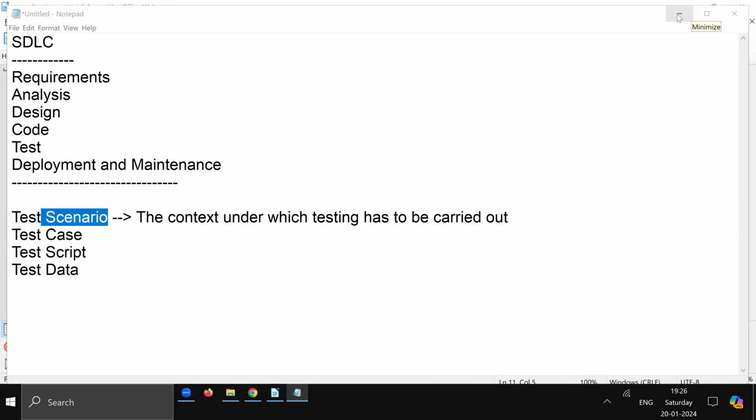So what is meant by test case then? A test case tells us what is to be tested. So if your team lead asks you to identify test cases, then what is it that she is asking you? Can anybody tell me what it could be?